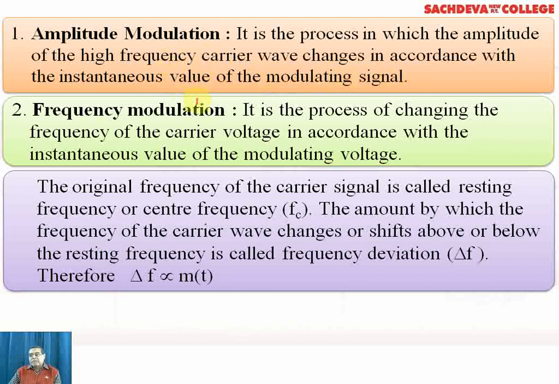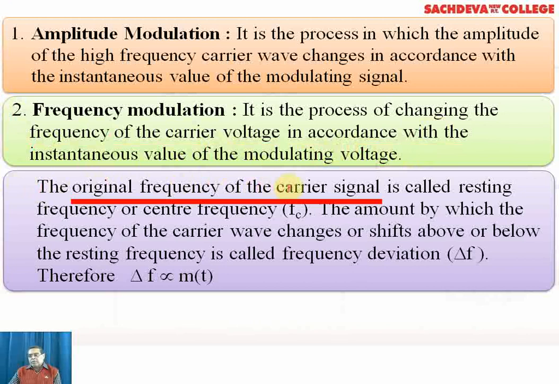Then comes the frequency modulation. This is the process of changing the frequency of the carrier voltage in accordance with the instantaneous value of the modulating voltage. The instantaneous value is given as v = v0 sin ωt.